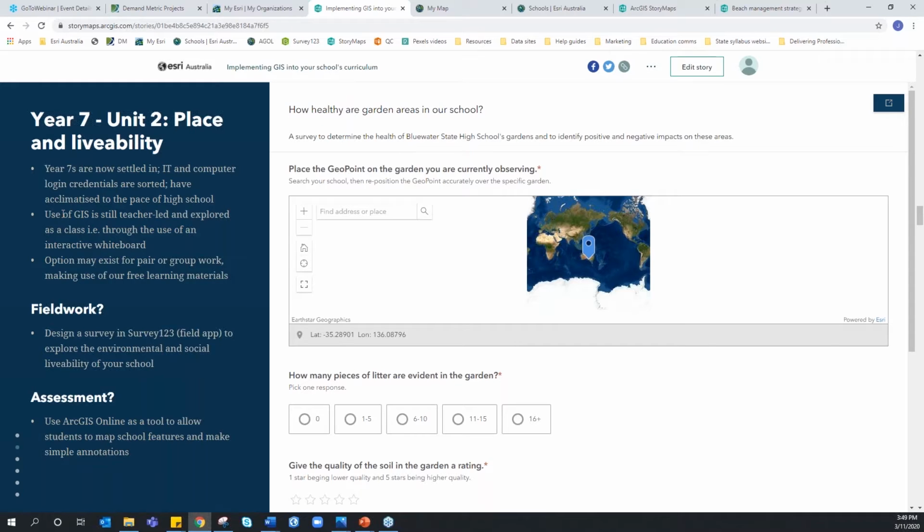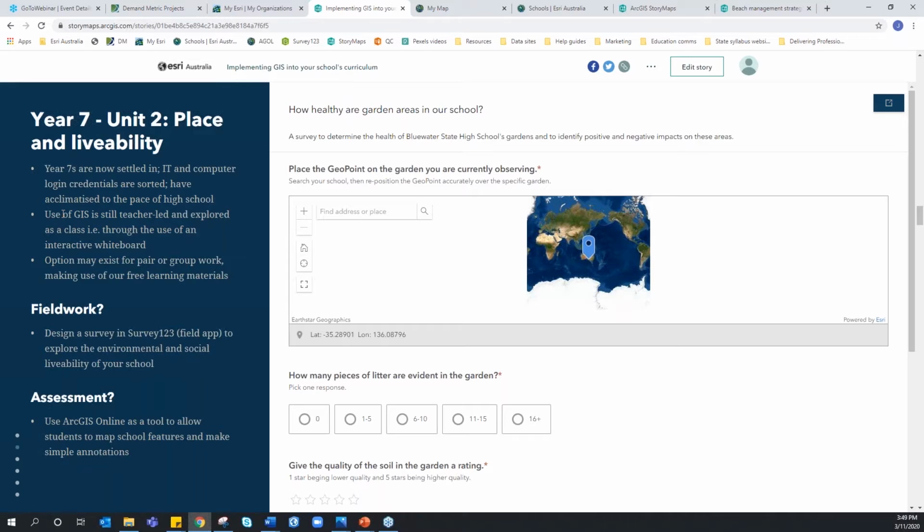You could still use GIS as a teacher-led approach, and that would still be my advice most of the time, still utilizing that interactive whiteboard method. But depending on the makeup of your class, you might actually get them onto their own laptops and working through some of those learning materials themselves.